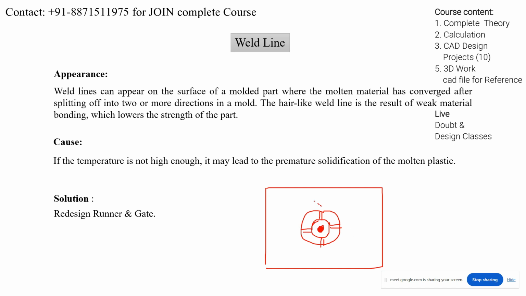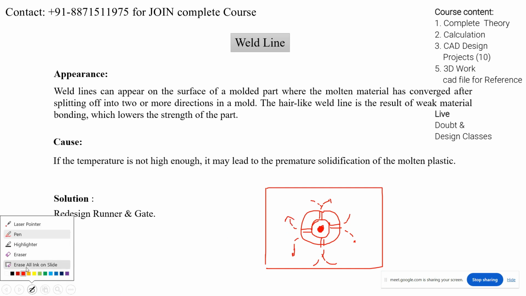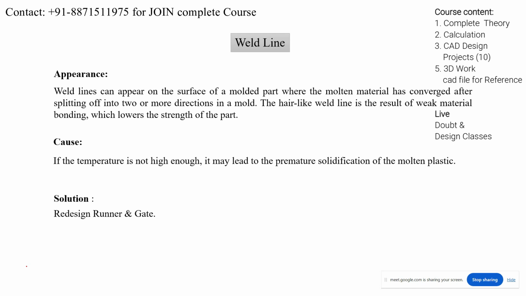So basically it will provide uniform flow, right or wrong? So there is less chance of creating a weld line, right or wrong? Understood? So redesign the runner or the gate system. This is the solution of that, right? And try to provide a balanced gating system, right?